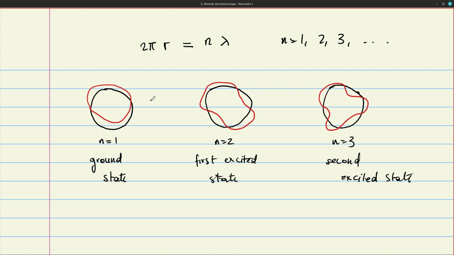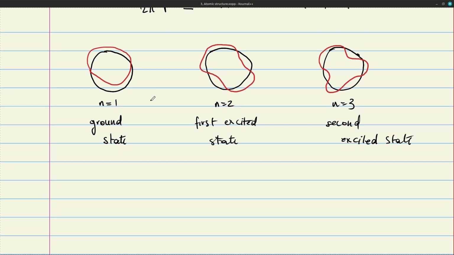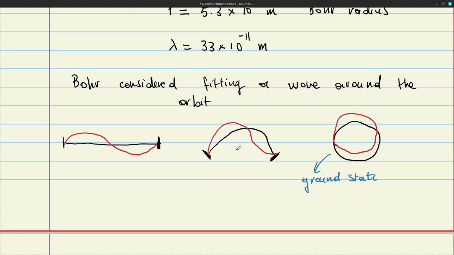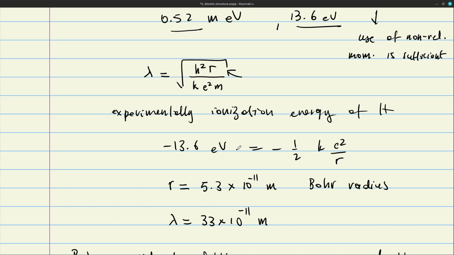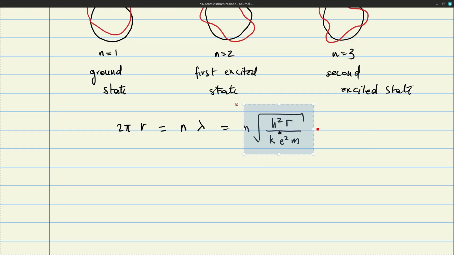Okay. So let's write an equation for this. 2 pi r, my circumference, is going to be equal to the integer times wavelength. But for wavelength, we had this expression. Let me copy and paste this. So I think this answers your question a little better, right?